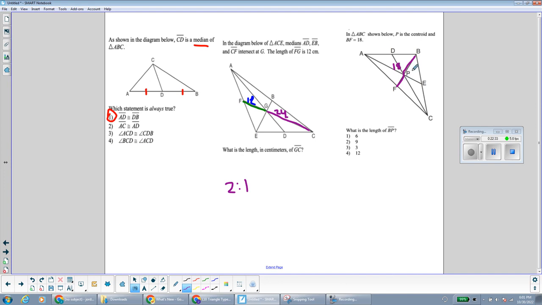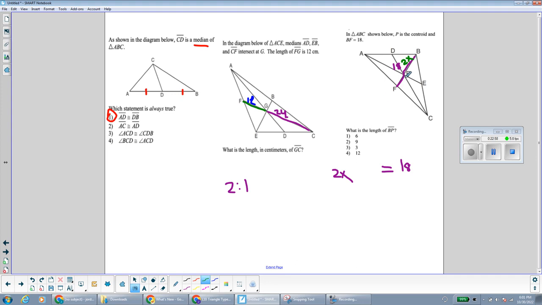BP is the longer part of the median, so we're finding the 2 part of the 2-to-1 ratio. Since we know that the whole median is equal to 18, and we know that the median is split in a 2-to-1 ratio, we can represent the 2 part of the ratio as 2x. So let me mark this in the diagram. This would be the 2x part of the ratio.